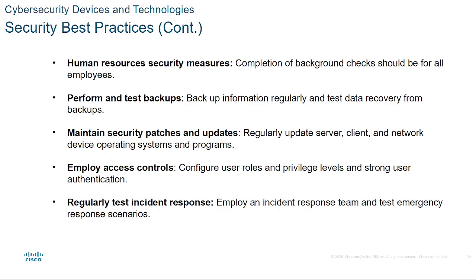Employee access control. So configure user roles and privilege levels and strong user authentication. Mandate change of passwords for staffs. This can also be automated anyway. Regularly test incident response. Employ an incident response team and test emergency response scenarios.